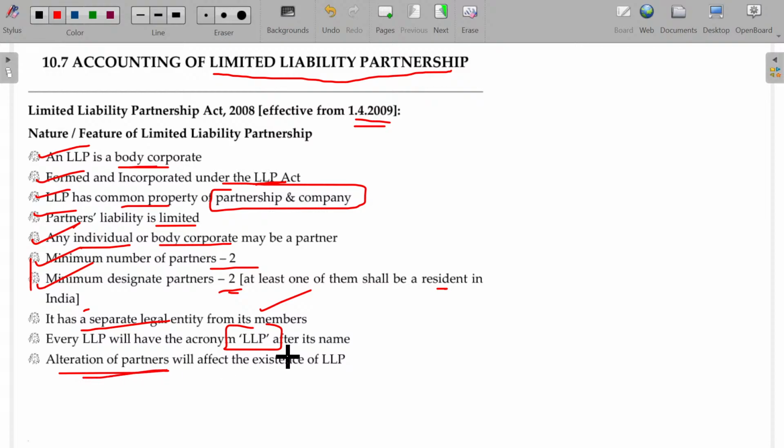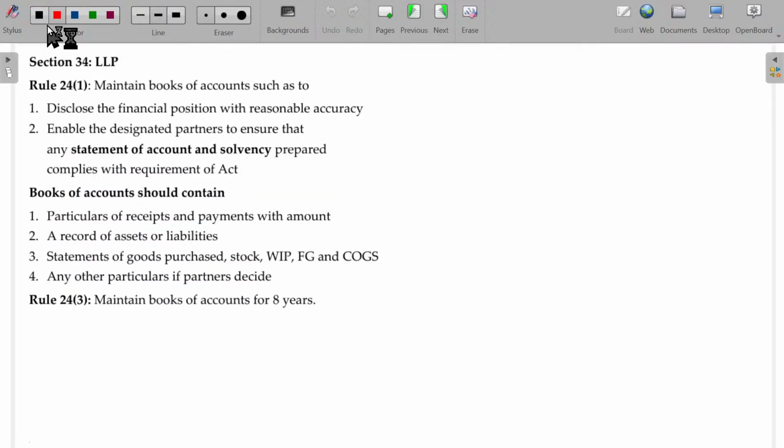Alteration of partners will affect the existence of LLP. In case of a company, share capital may be easily transferable from one hand to another. The company will not get affected, but here it's not so. Alteration of partners will affect the LLP. All the things are similar to partnership only. As per rule number 24, clause 1, sub rule number 1, you have to maintain the books of accounts, financial position, and all these things.